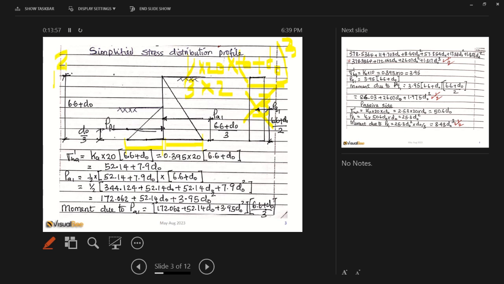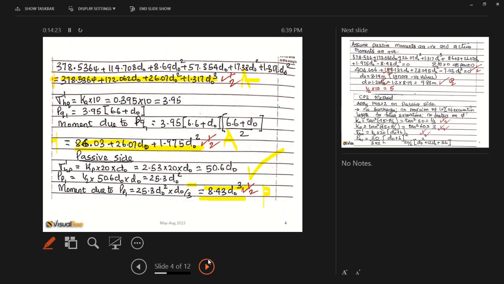Kp is 2.53 times 20, times d. Then to find the area is a half base times d squared, and to find the moment is d times d over 3, so d cubed over 3.